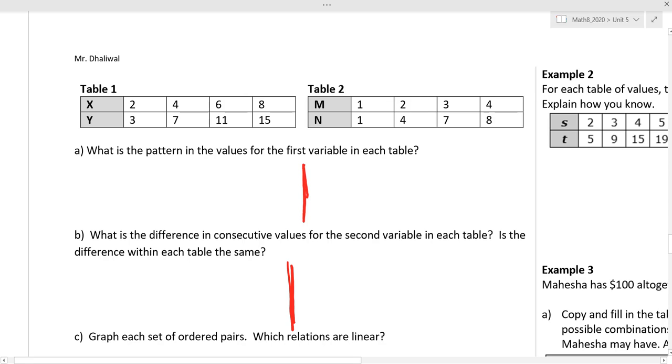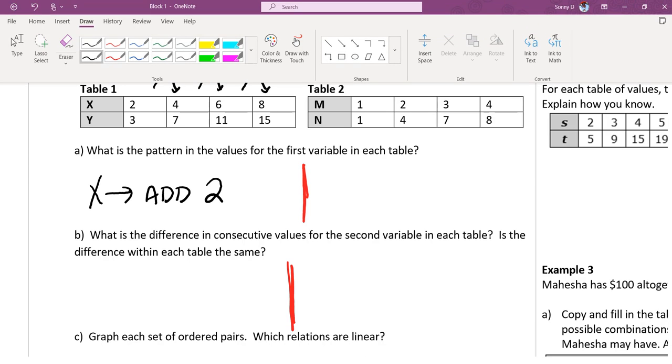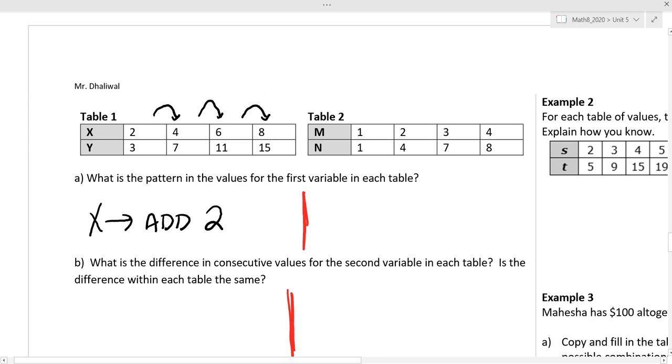The first question goes, what is the pattern of values for the first variable in table 1? And we'll talk about table 2. So the first variable is this one. How is it changing? By 2, like it's adding 2. Yep, x add 2. Okay, I'm going to change colors here, and I'll go to the other one.